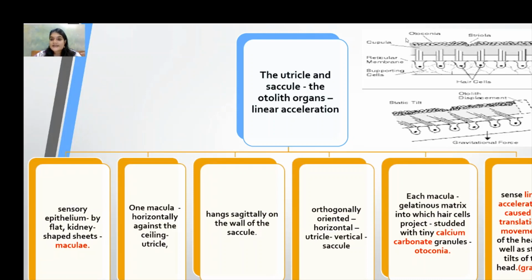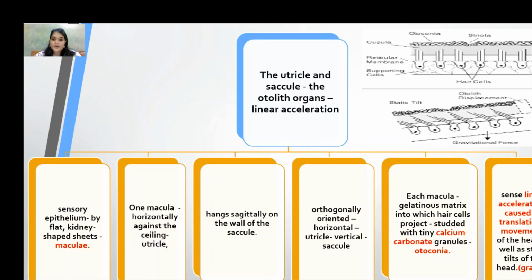And the gelatinous matrix is studded with tiny calcium carbonate granules known as otoconia. These are the otoconia which you can see. The utricle and saccule measure linear acceleration, which is caused by the translational movements of the head. They also measure tilt of the head and gravity. They also measure effects of gravity on the head.